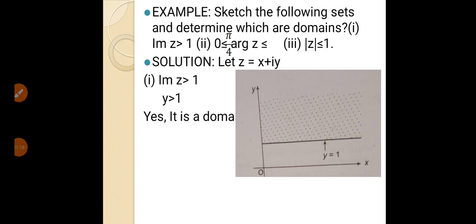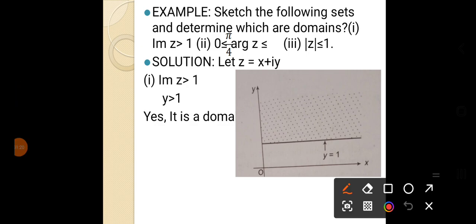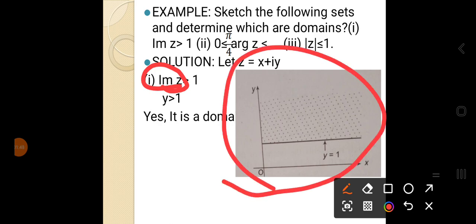Now our first case, Im of z is greater than 1. Im of z means the imaginary part of z, which is y. So y is greater than 1. First we sketch the diagram.